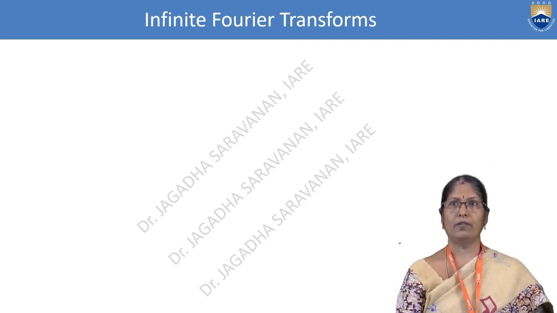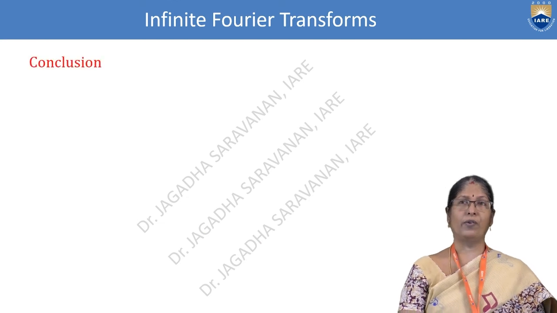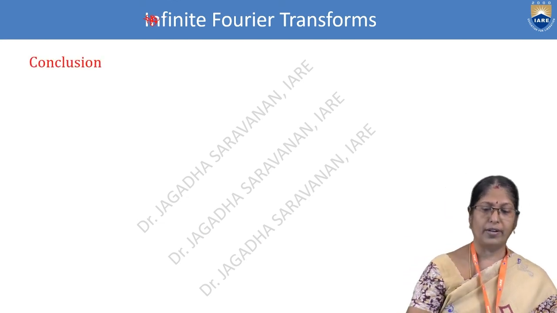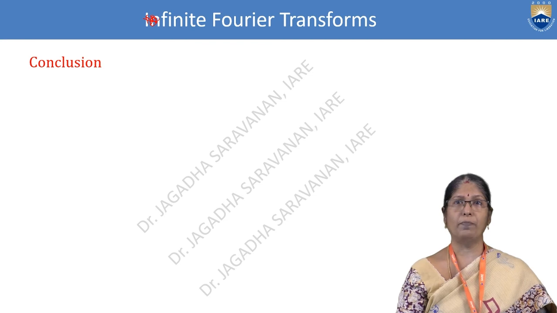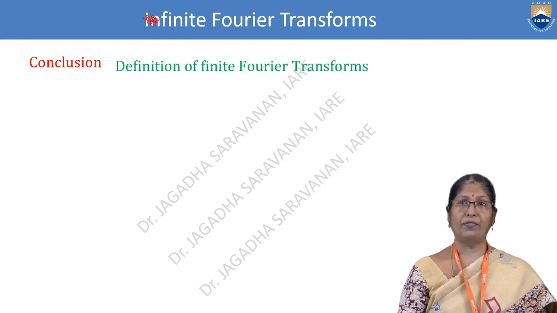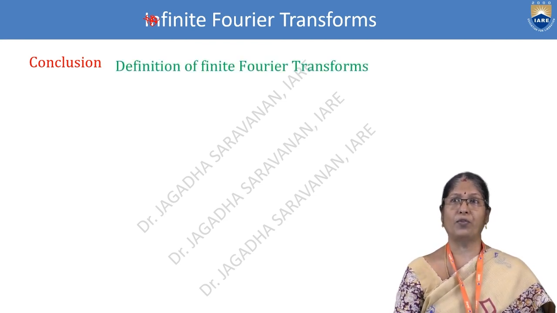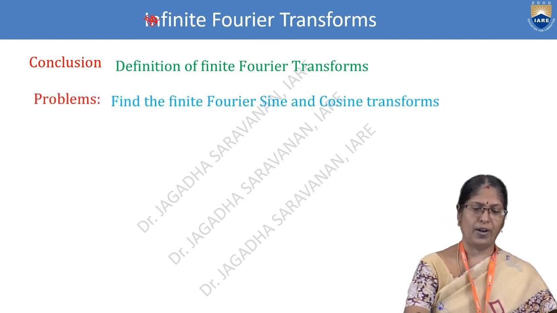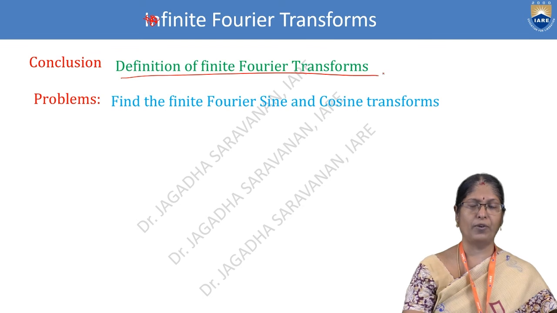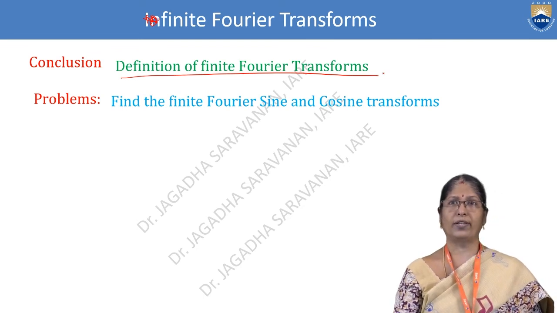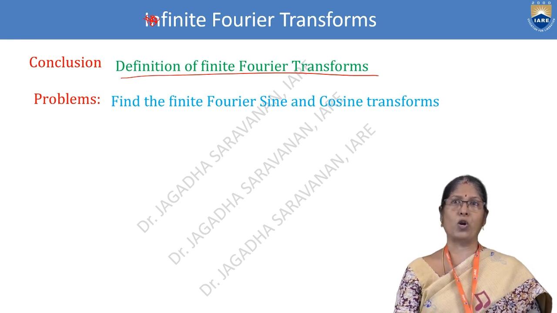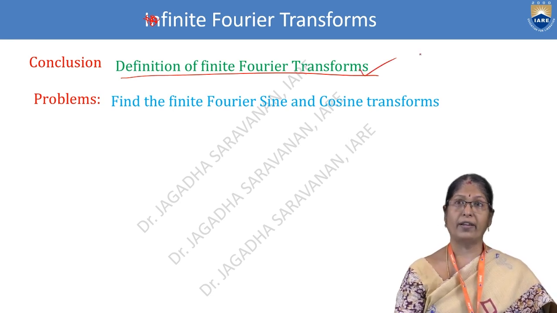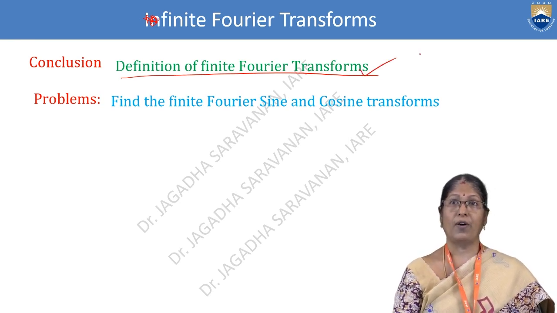Now we will come to a conclusion. It is the finite Fourier transform, the definition of finite Fourier transforms. First, in detail, we concentrated on what the finite Fourier transform is, and in that, we discussed the two formulas, the finite Fourier sine and finite Fourier cosine transform.